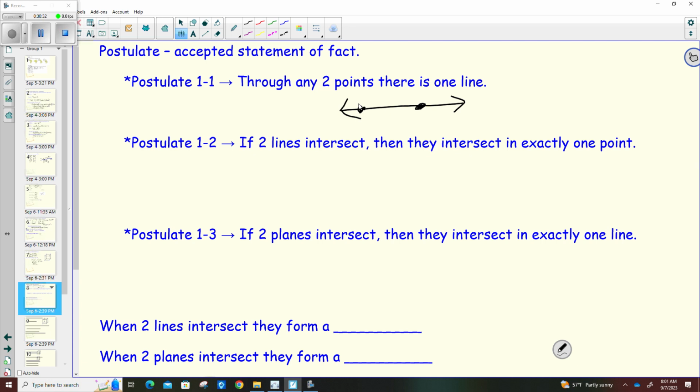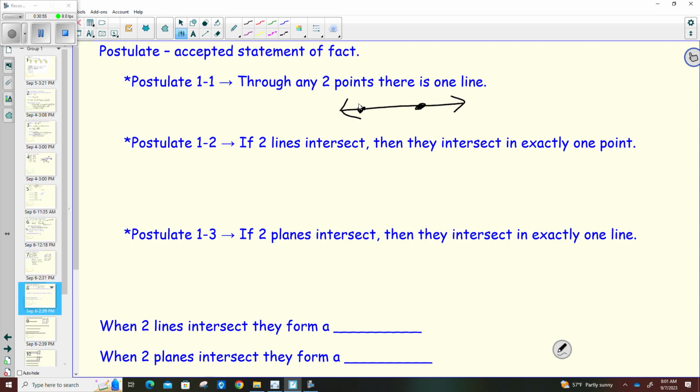Draw me two lines that intersect on your paper. Right underneath 1, 2. What'd you draw? What's it look like? Two lines intersecting.